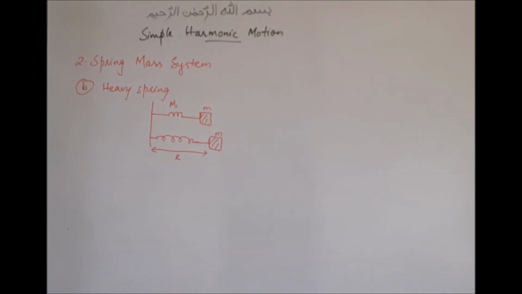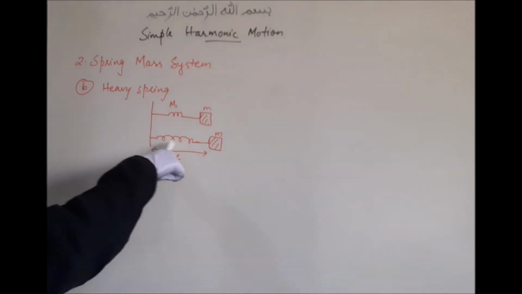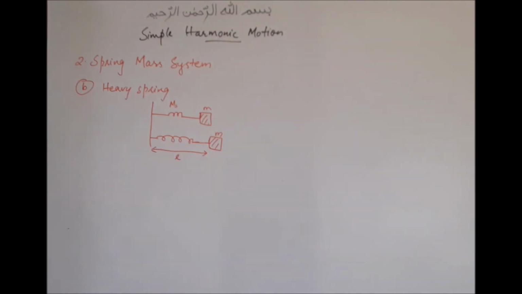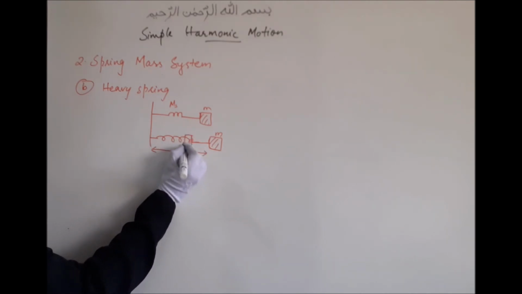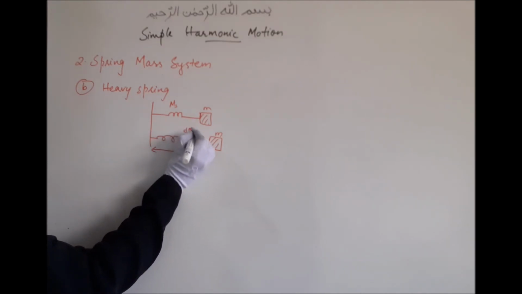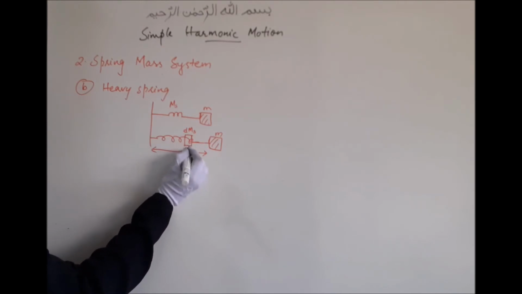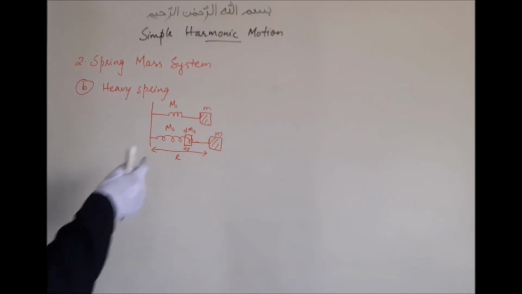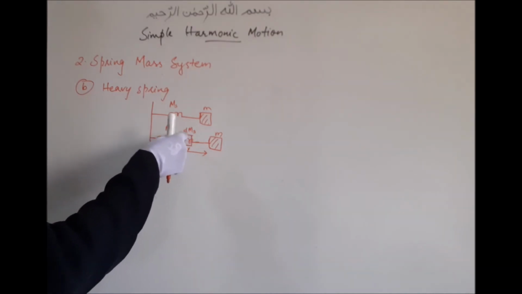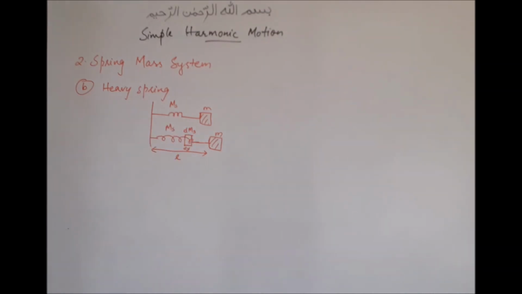So due to the mass of the spring, different portions of the spring will have different kinetic energy. So I'll consider one elementary portion, okay? I'll consider one elementary portion with, let's say, mass dms and this width as dy, and the total mass of the spring is ms. So I'm going to find the kinetic energy of this small elementary portion.